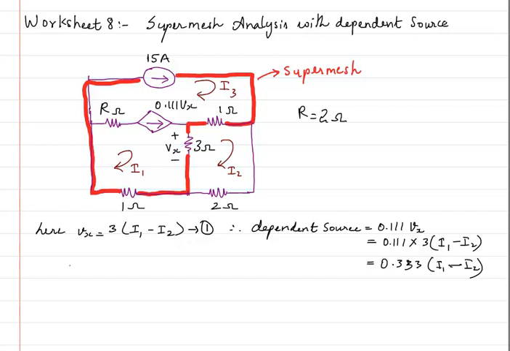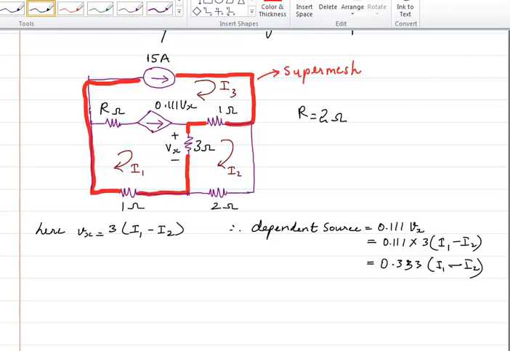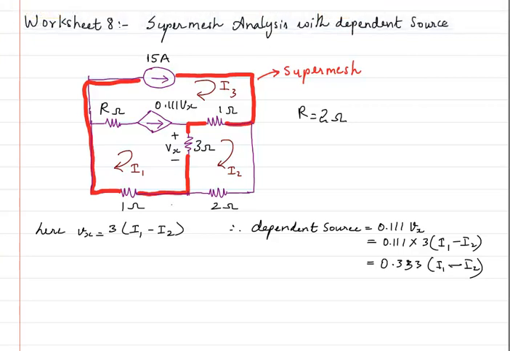Now the second equation. What is going to be the dependent voltage here? Vx we have already given, so based on that we can have the dependent source current to be having this value. Let me solve it.